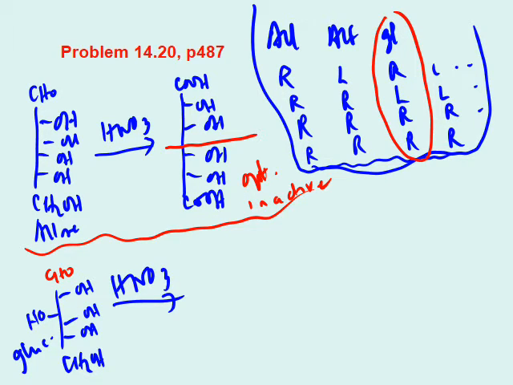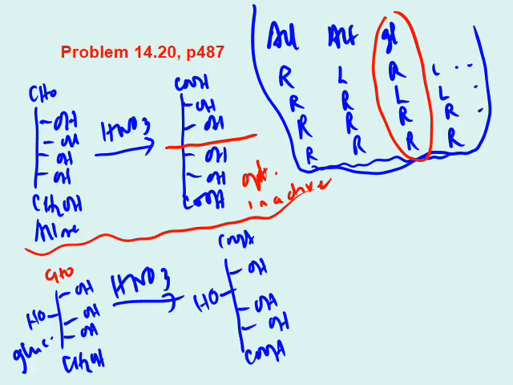Now when I'm treating this with nitric acid, this gives me aldaric acid. That means I would have COOH on both ends. The other groups remain intact. Then the left, then right, and right. This is the aldaric acid coming from glucose. Now the question is, is there any plane of symmetry?